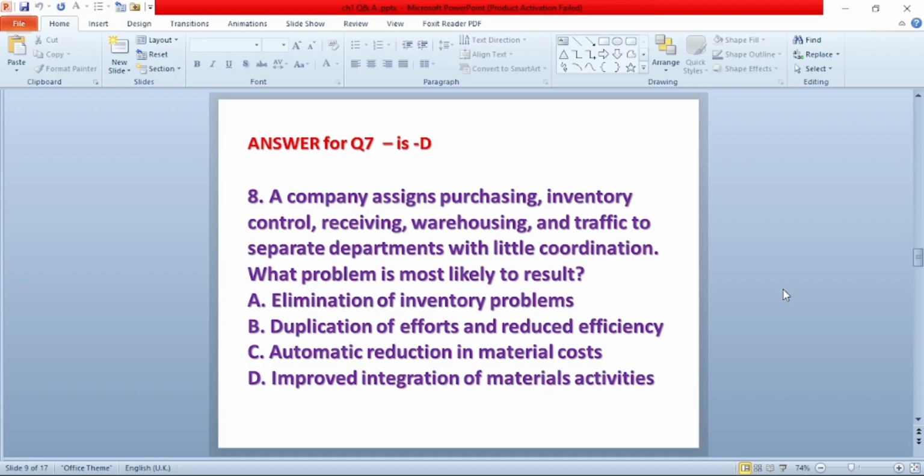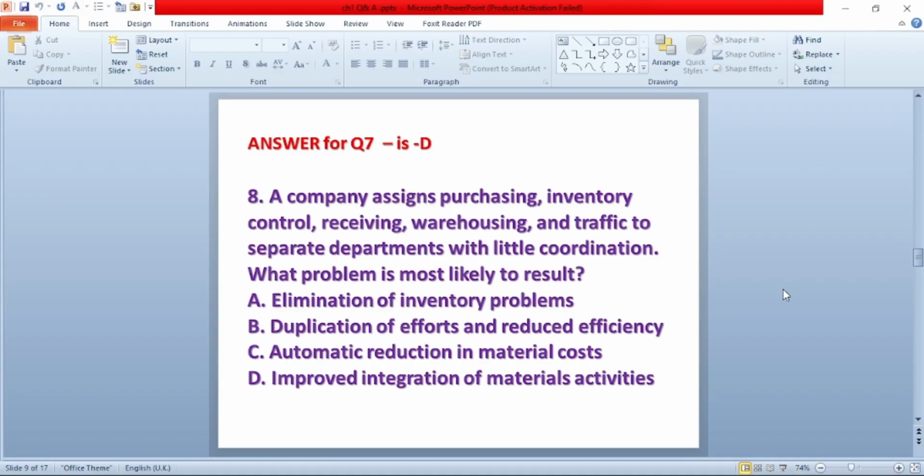Question number 8. A company assigns purchasing, inventory control, receiving, warehousing, and traffic to separate departments with little coordination. What problem is most likely to result? A. Elimination of inventory problems.